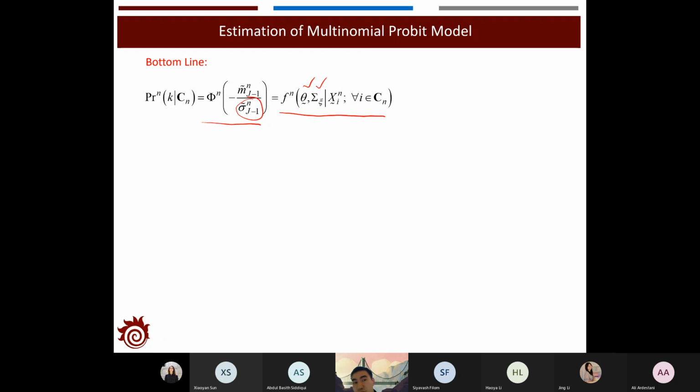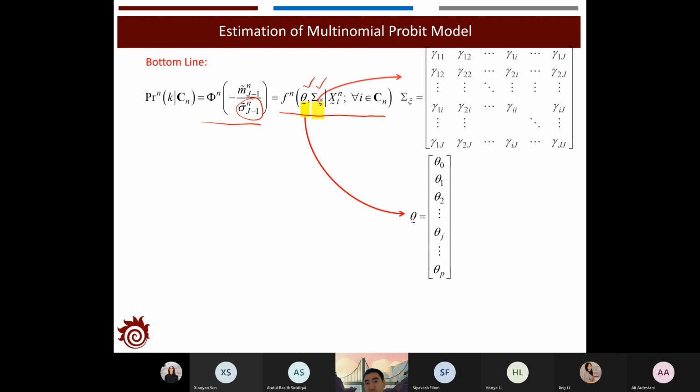So these are two unknowns we have to calibrate. Assuming that you have p different attributes, you will have p plus 1 coefficients to calibrate. And for the covariance matrix, you have j times j plus 1 divided by 2 unknown variables. To put them together, you have p plus 1 plus j times j plus 1 divided by 2 parameters to calibrate for the probability model.